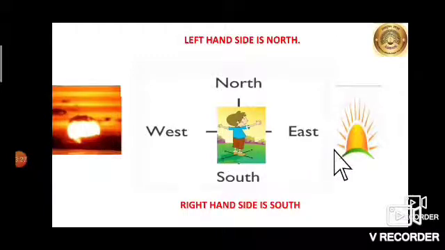East is the direction where the sun rises, and west is opposite to east, where the sun sets. North is to your left hand side, and south is opposite to the north, to your right hand side. Students, I hope you have understood how to identify the directions.